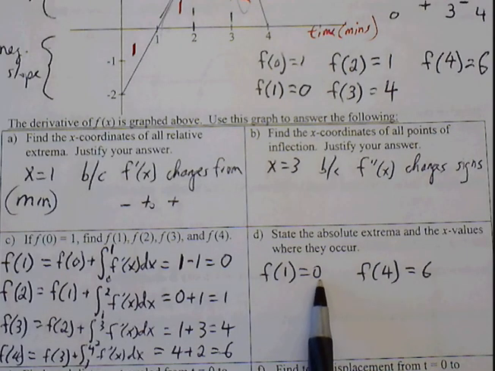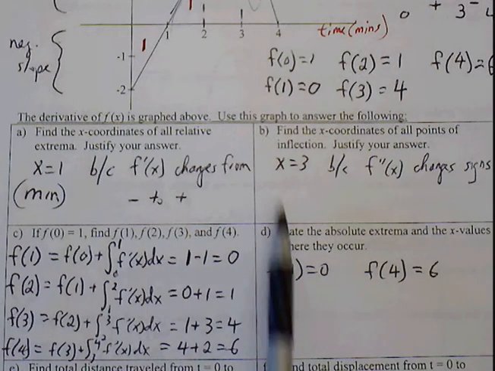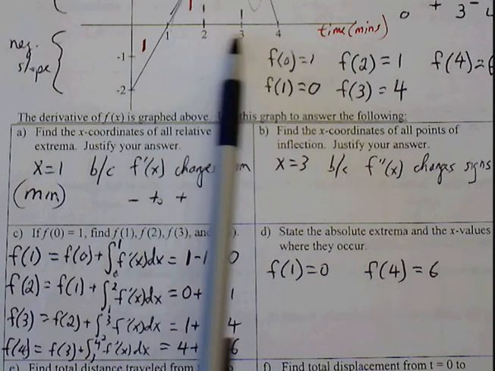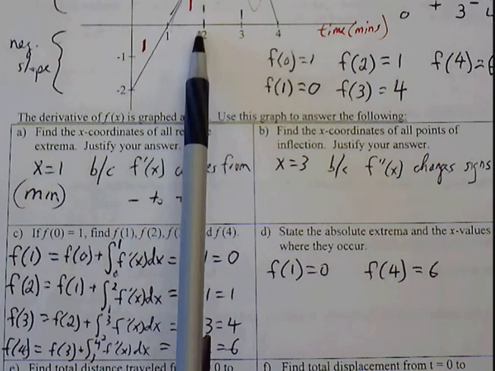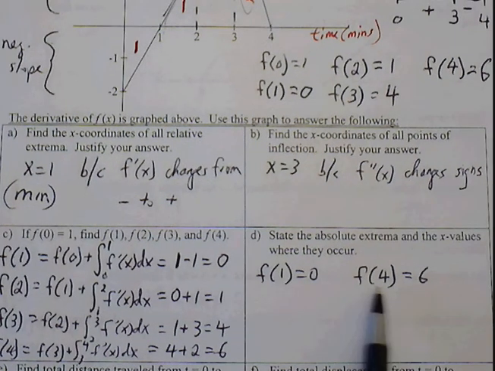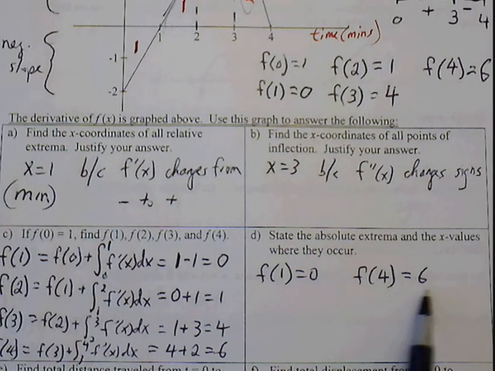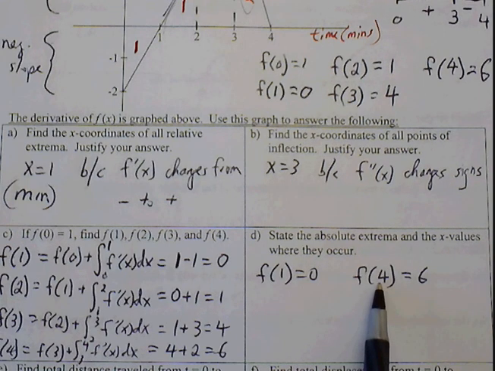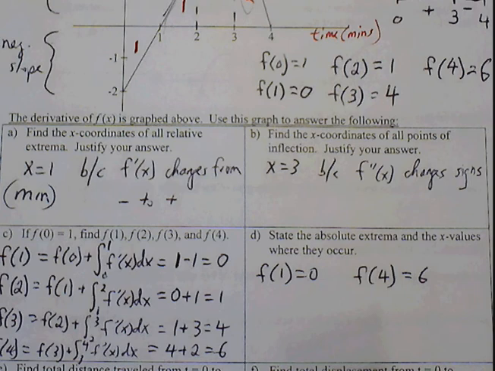The smallest mile marker he's going to reach is mile marker 0. And then after 1 minute, he keeps moving in the positive direction, and so the largest x value, or the absolute extrema, we think in terms of mile marker, will occur at t equals 4, so mile marker 6.